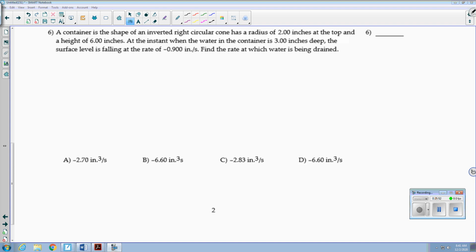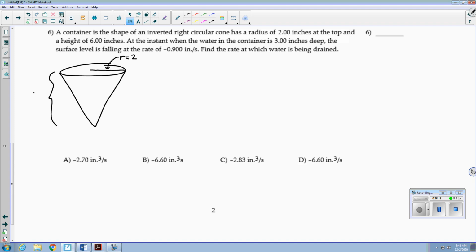So let's identify some of the numbers here and what they mean in the context of the problem. In this case, I'm going to actually draw this right circular cone, and it's inverted, so it's pointing down. It says it has a radius of 2 inches at the top. So my radius here is equal to 2, and the height is 6.